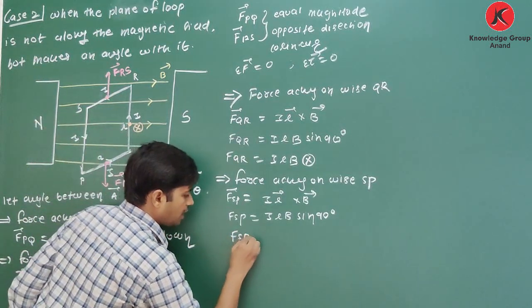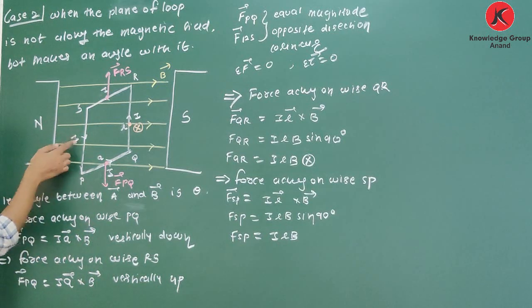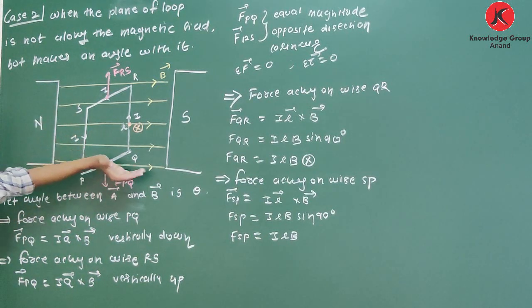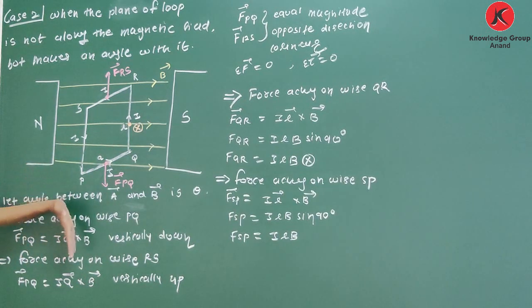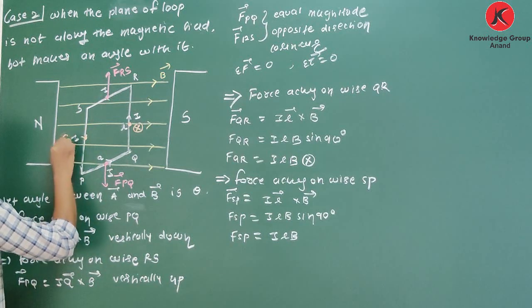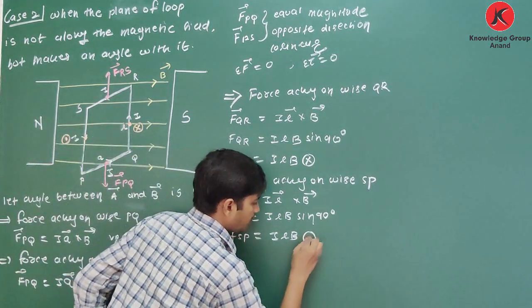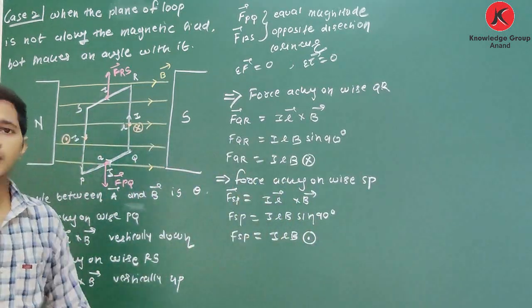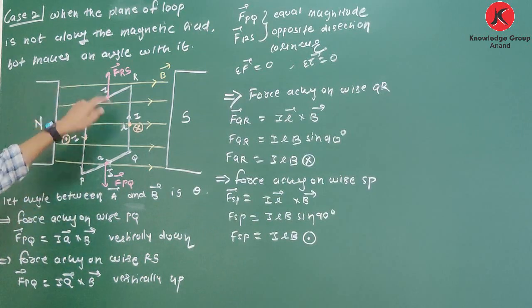So F SP is equal to I L B. Direction: current is flowing in downward direction, magnetic field in this direction. So thumb is perpendicular outside. So yes, force acting on this wire is perpendicular outside. Clear about this? Okay. Now, F PQ, F RS.